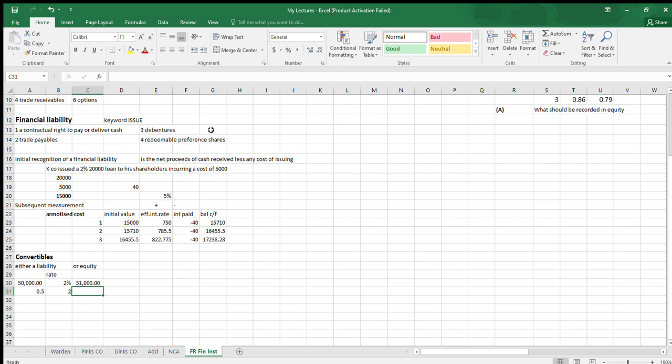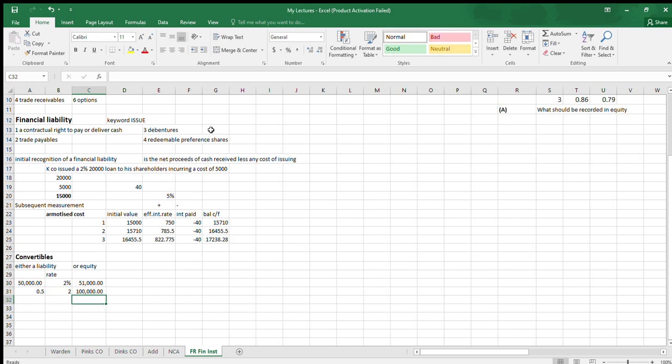So you just multiply your 2 with the 50, 100,000. So every rational human being will want to convert the loan they gave out into shares. So 100,000 shares. That's very simple. But in a case whereby the share may be decreased to 0.4, you have 20,000. So you just take your 51,000. That's all about the convertibles.